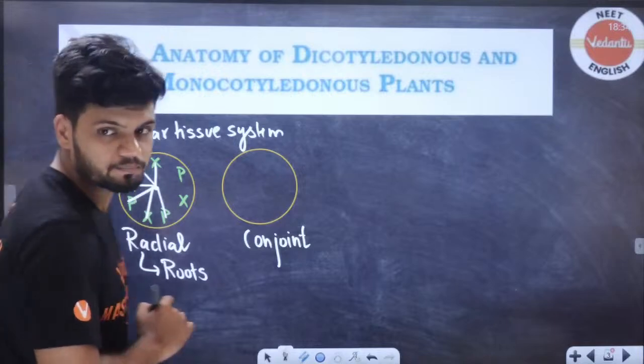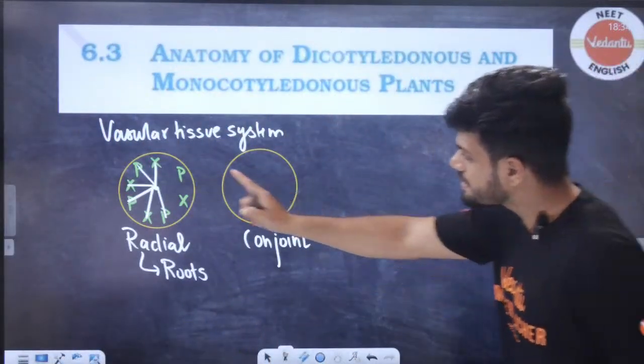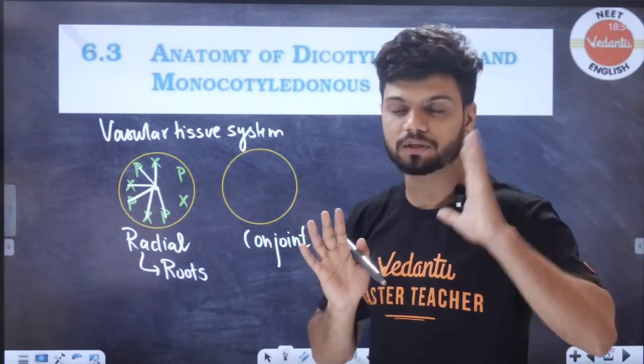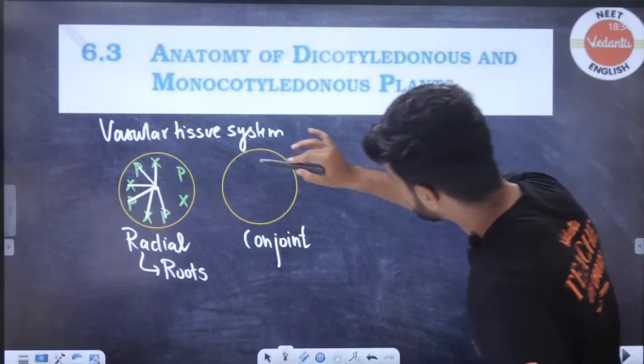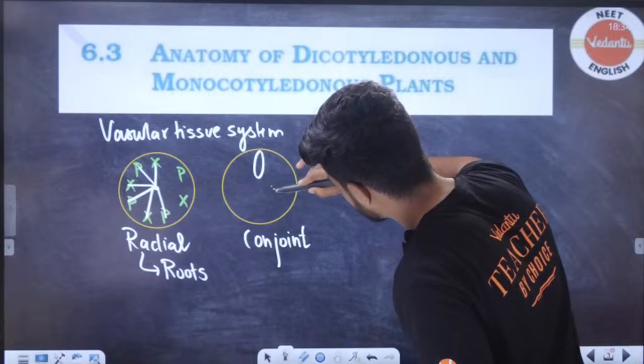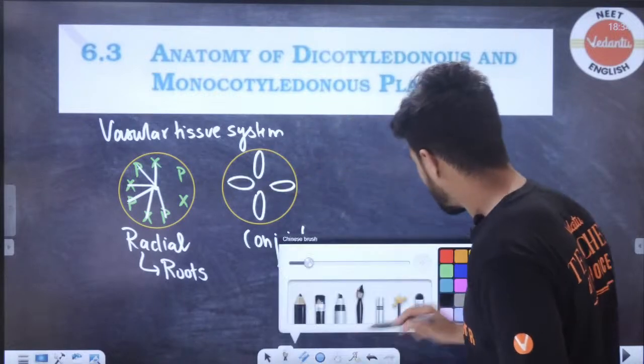Now, what is conjoint? In the case of conjoint, xylem and phloem are present on the same radius, not different ones. For example, think of a sandwich. This is called same radii.